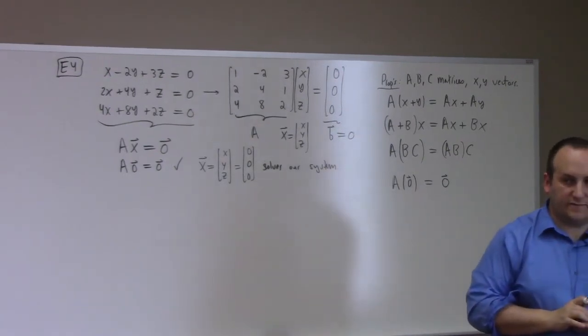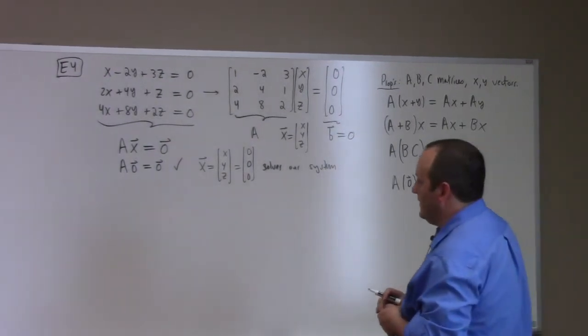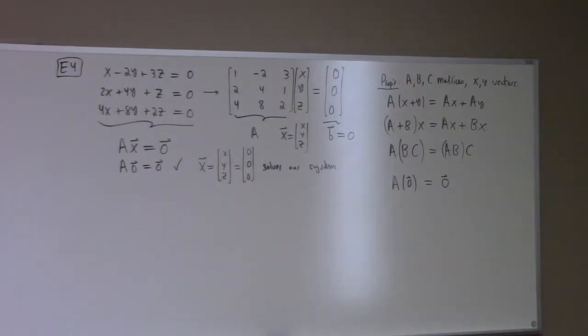So what I'm trying to get you to is another theorem here. Follow-up theorem. I'll call this theorem 1. Theorem 2, Ax equals 0 always has x equals 0 as a solution.